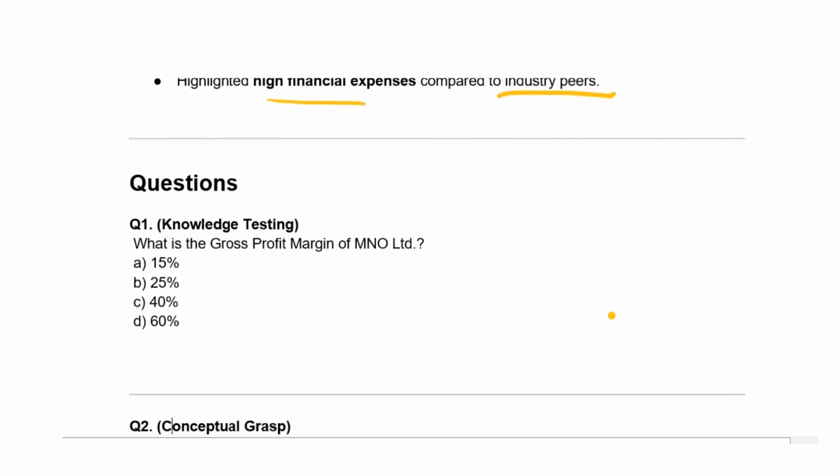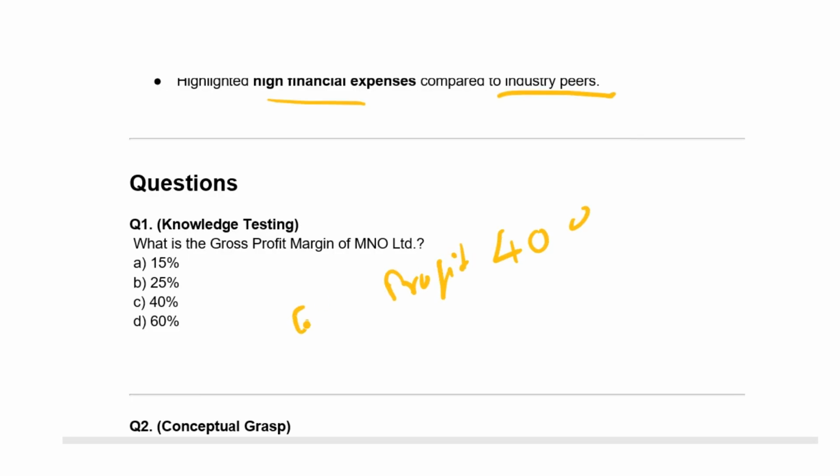What is gross profit margin? Gross profit margin, you would know, is a simple formula. This is gross profit divided by turnover or sales. This is the normal formula for calculating gross profit margin.